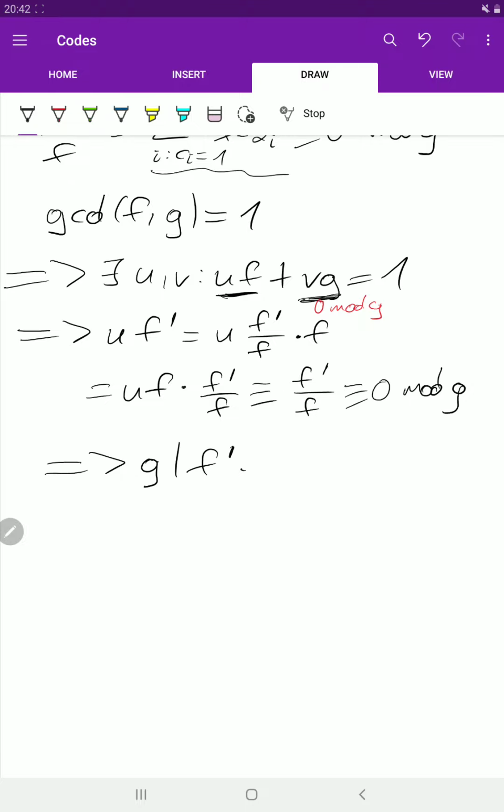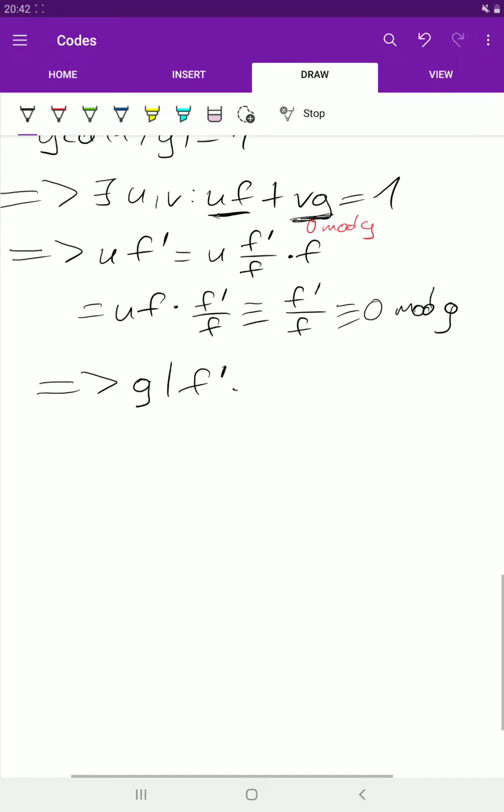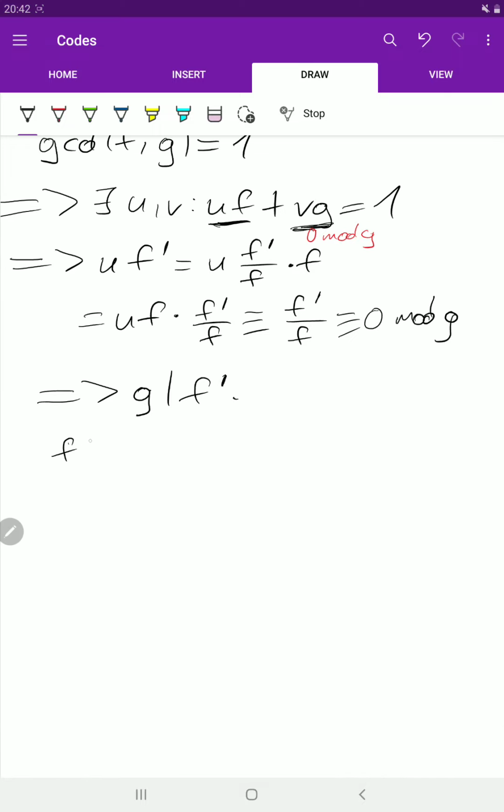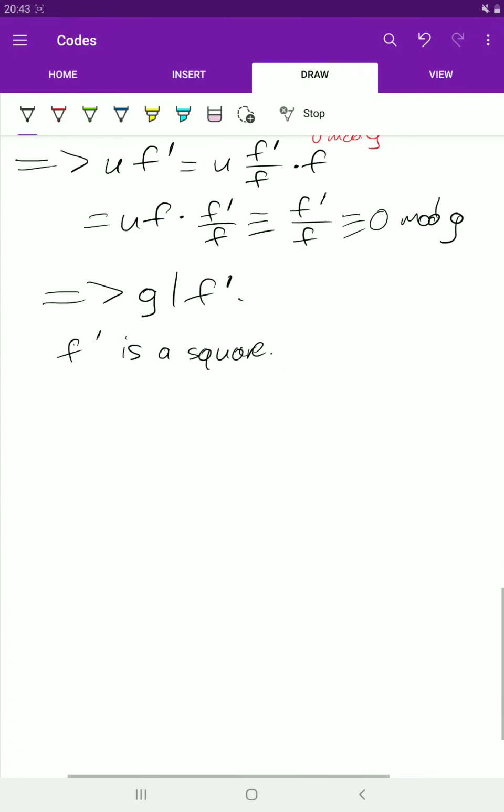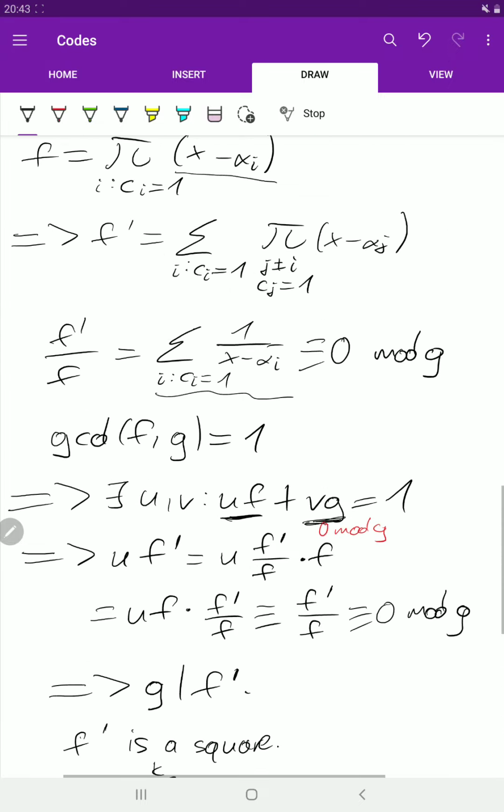Okay, and now we know that f prime is a square, so let's see why. So if we have, let's say, f as the sum from 0 to k, I think we haven't used k.